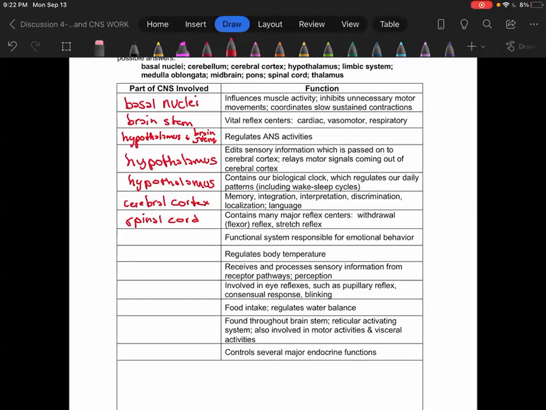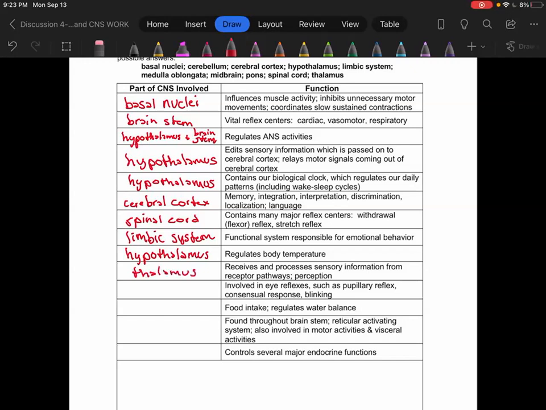Our functional system responsible for emotion, that's the limbic system. The regulation of body temperature, that's a homeostatic function, that's the hypothalamus. Receiving and processing sensory information from our receptor pathways, like perception, that's the thalamus.